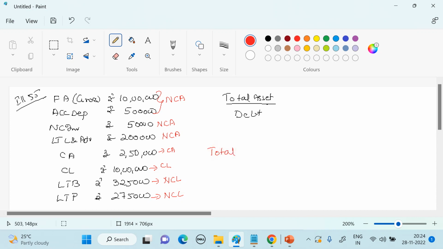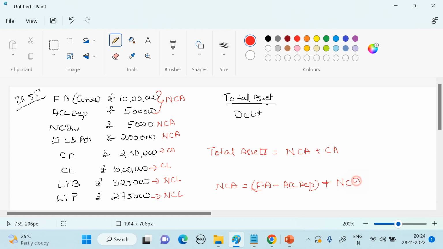What is total assets? Total assets, we know, is non-current asset plus current asset. We have classified here. We have to just add all these. So first non-current asset we'll find out. It is fixed asset minus accumulated depreciation, to that we are supposed to add the non-current investment and long-term loans and advances.